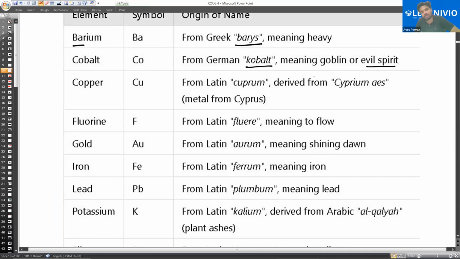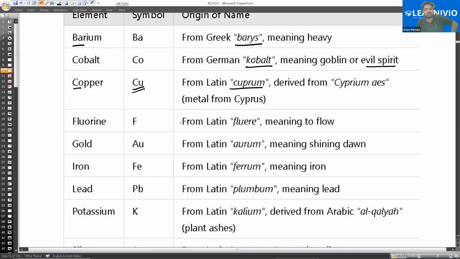Then we have copper. Copper's symbol is Cu because its Latin name is cuprum, derived from the word cyprium, meaning metal from Cyprus. Cyprus is a place, so it is called metal from Cyprus.